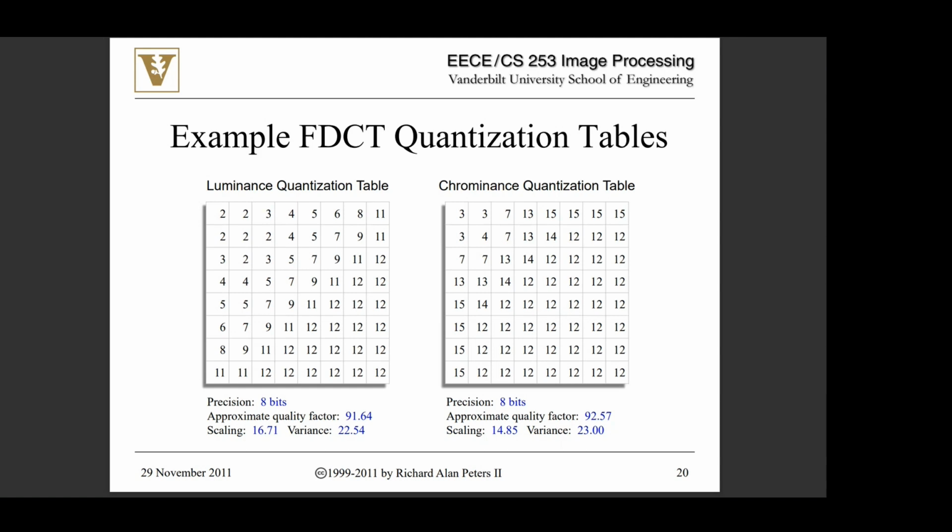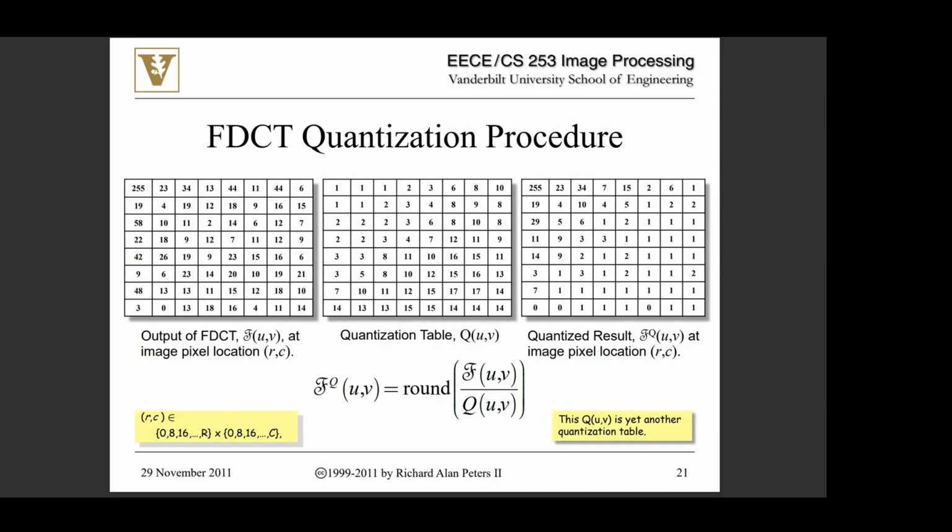Another observation, if you look at this quantization table, you see that in horizontal we have 1, 1, 1, while in vertical we have 1, 1, 2.